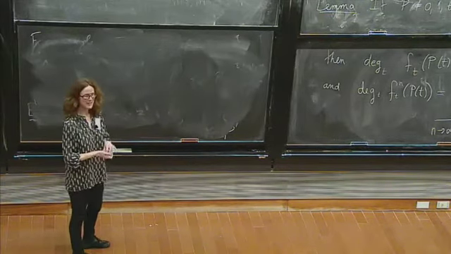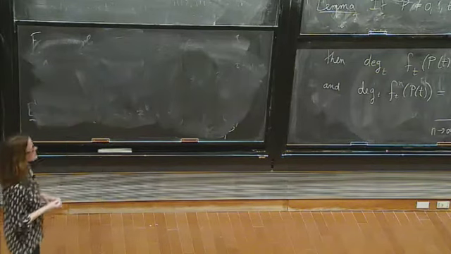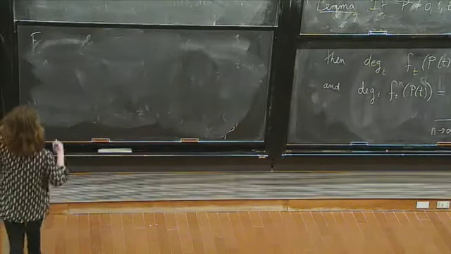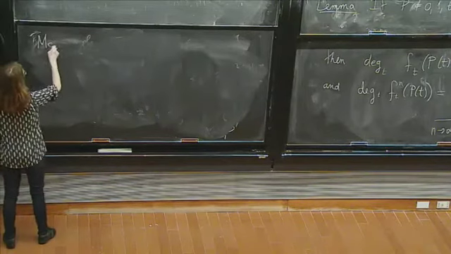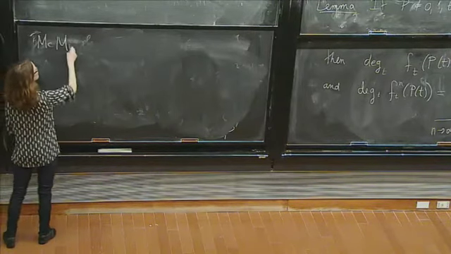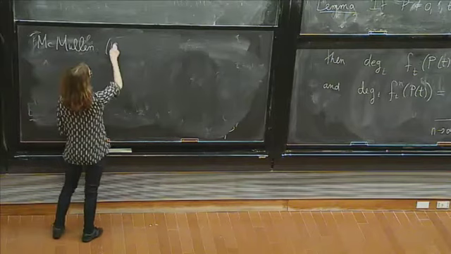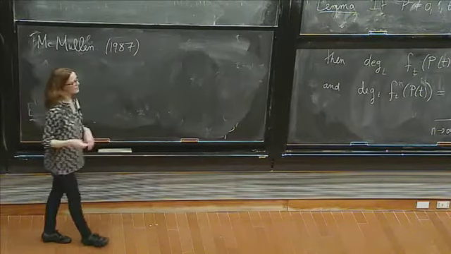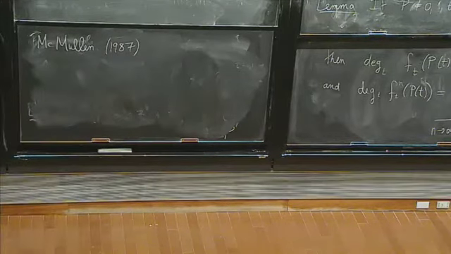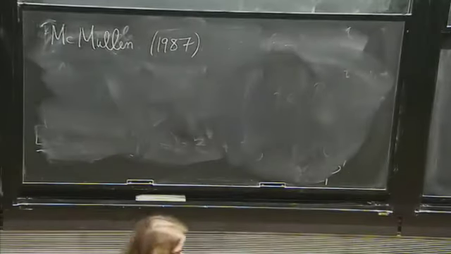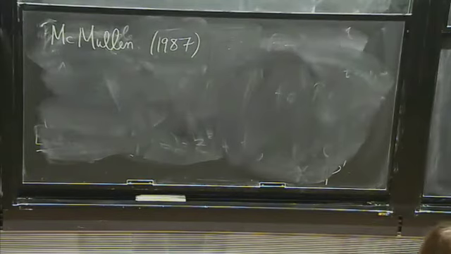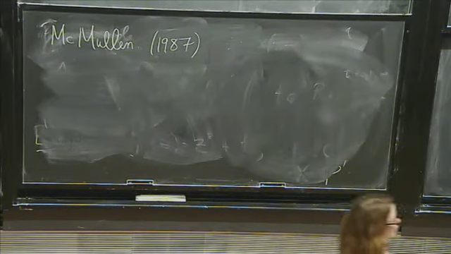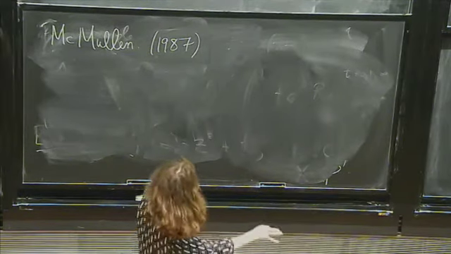One more result I want to mention, which is due to McMullen, published in 1987, in fact, related to the theme of Dirk's talk in the previous lecture. As he was studying root finding algorithms, one of the things that he proved at the time was a rigidity statement, which is related to everything that I've written up here on the board. So let me just formulate the statement in this language.